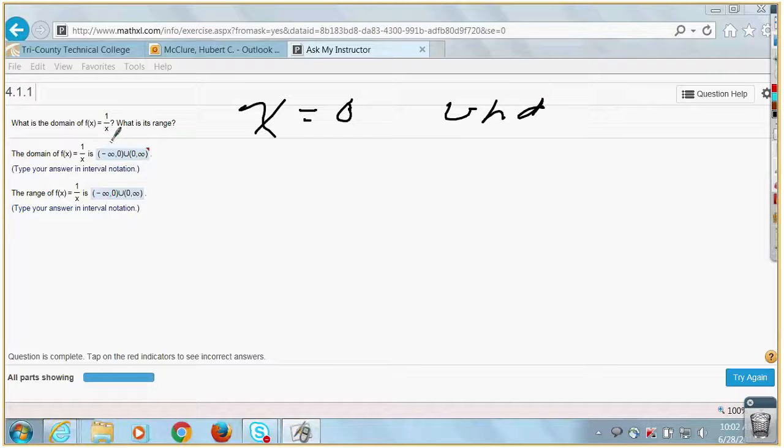And 0 in for x is your y-intercept. So when you plug in 0 for x, you're getting your y-intercept, and the y-intercept is undefined. So that's why this function is undefined at x is equal to 0 and y is equal to 0.